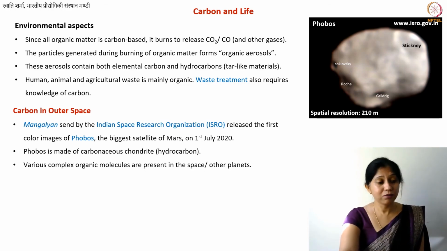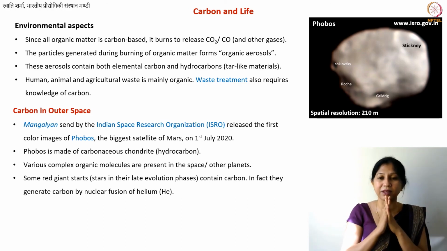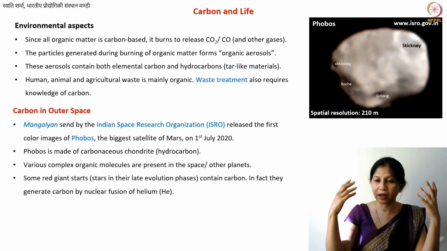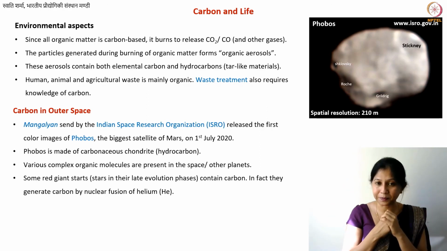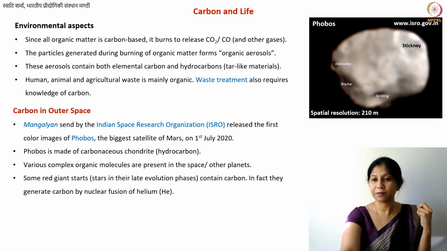Okay, now also in outer space there are various complex organic materials and carbon-based molecules that exist. In the case of red giant stars that I had mentioned previously, they look red because they are in their late evolution phase. They contain carbon, so their environment contains carbon.